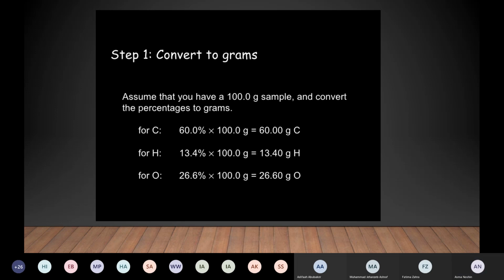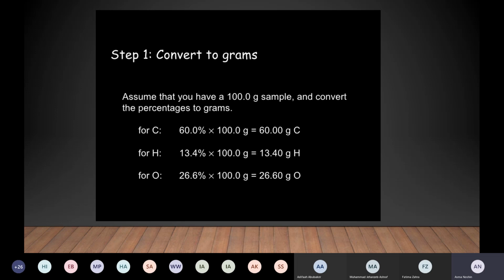Along with that, hydrogen was 13.4. That means from that 100, the mass of hydrogen will be 13.4. And from that 100, the mass of oxygen will be 26.6.